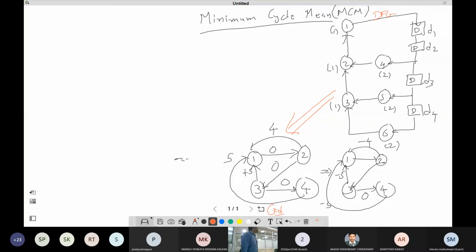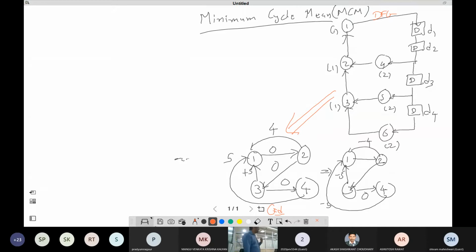Now, for this particular graph which we are interested to construct, the number of nodes of a GD graph is equal to the number of delay elements in your original DFG. As I said, this MCM method also deals with the number of delay elements. The complexity all depends upon the number of delay elements.